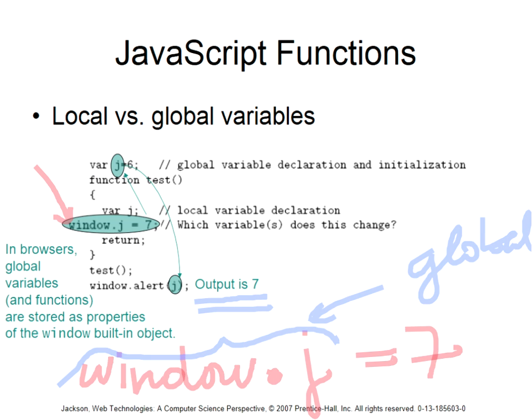So when we say window dot, that means the variable is global. That means we will modify the global variable, the variable of the program. And in our case, for this reason, g will be modified to 7.